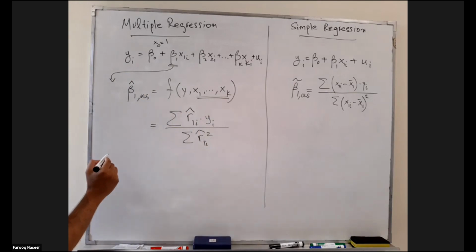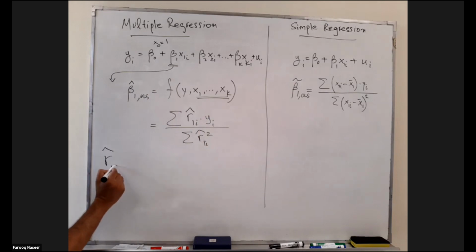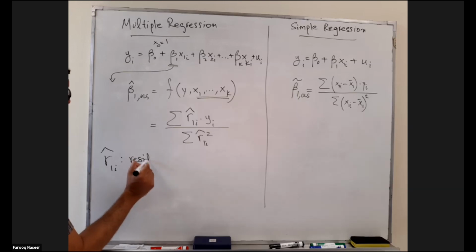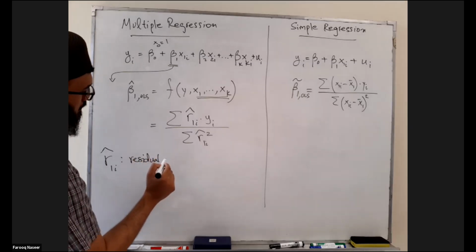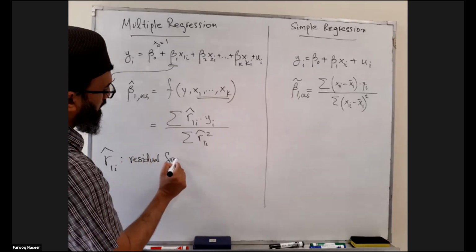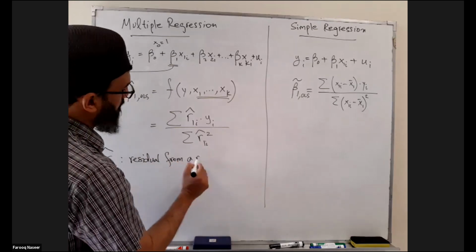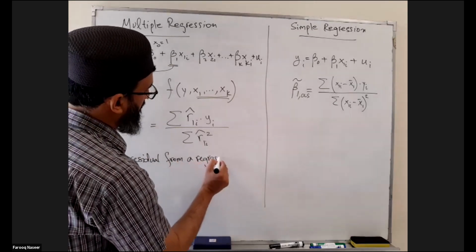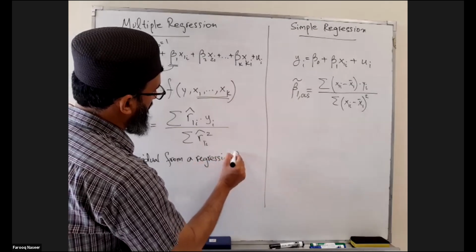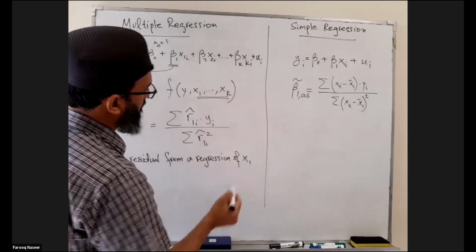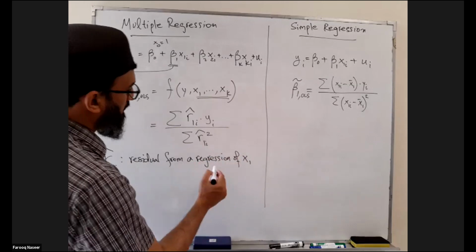Let me define it over here: r1 hat i is a residual from a regression of x1 on all the other x variables.